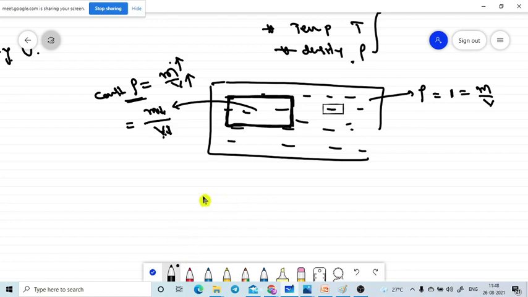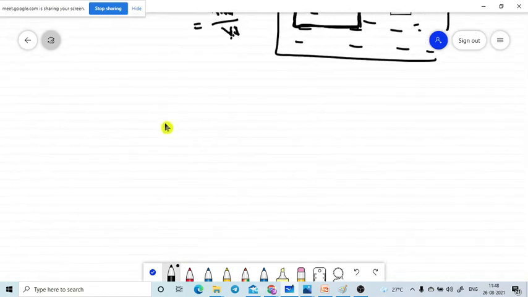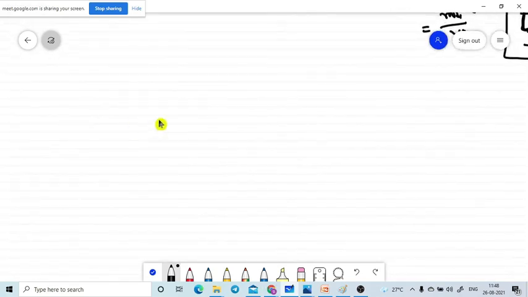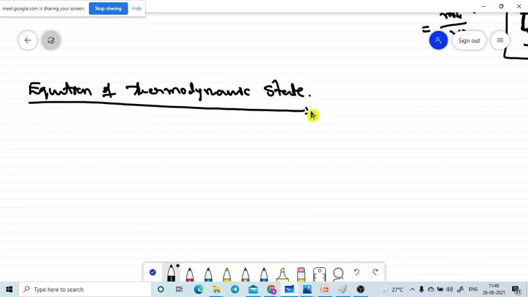Now I will introduce one more small concept here, because they may ask you one more question like this. This is the equation of thermodynamic state. It is the equation which represents the relation between the state variables of the thermodynamic system.